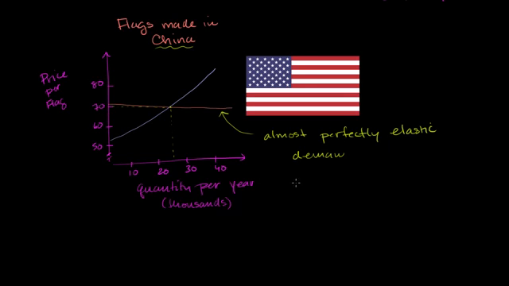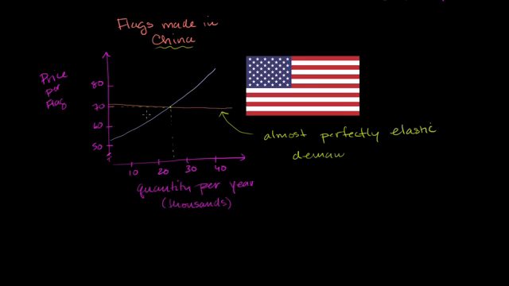So let's say that some government official decides, you know what, they don't like the idea of American flags being made in China, so they decide to tax American flags made in China. So what they do is that they place a tax. And once again, I'll do a fixed dollar tax. It could be a percentage, and if a percentage, then it'll change the supply plus tax curve.